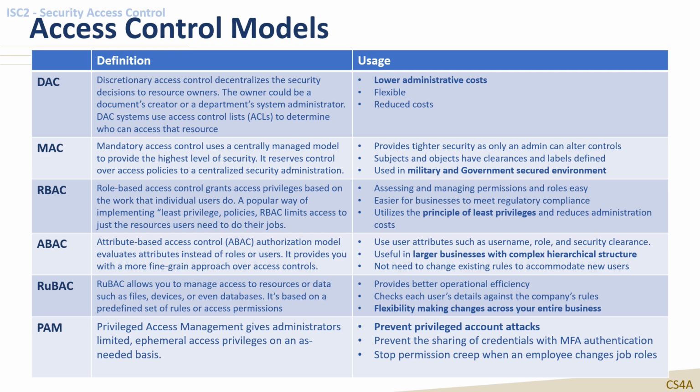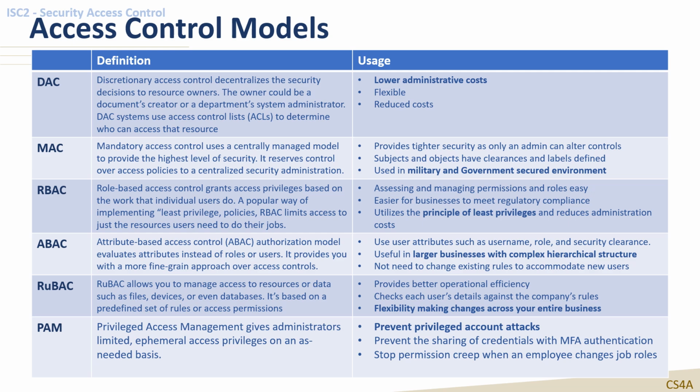And RBAC is role-based access control. This uses a user role to decide the access permission, and it is mostly used to implement least privilege. The advantage is that assigning and managing permissions and roles is easier, and it helps achieve the principle of least privilege. And ABAC is attribute-based access control.